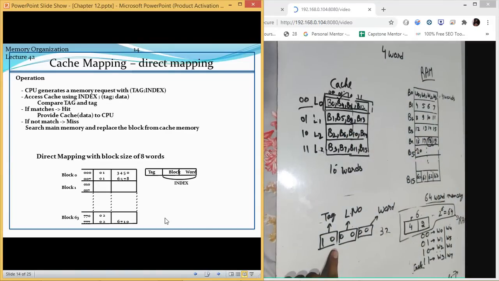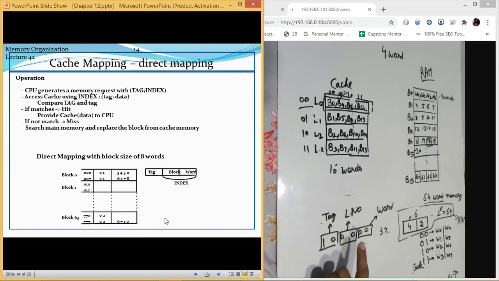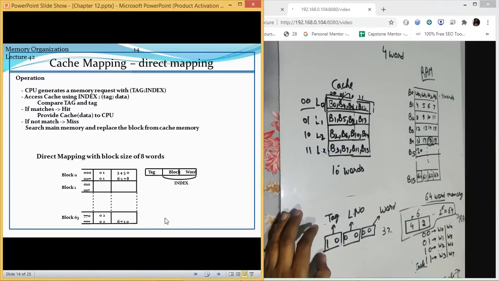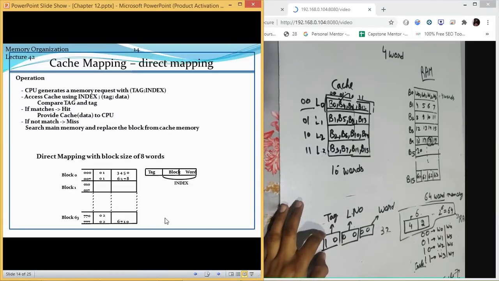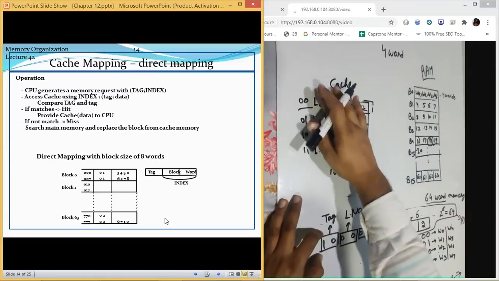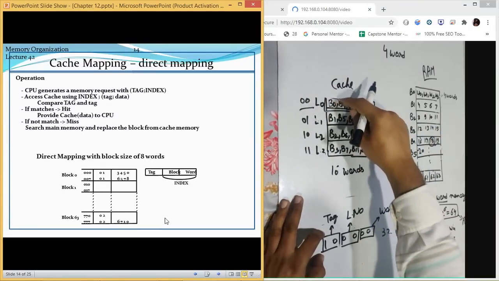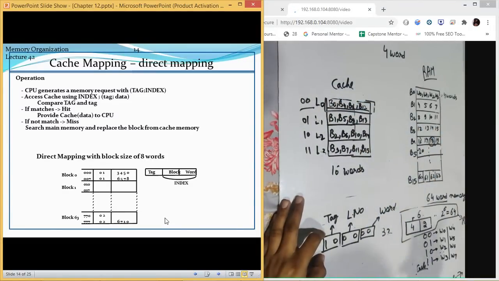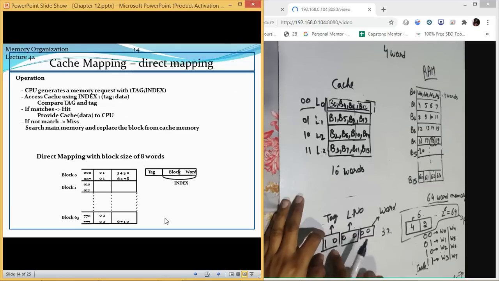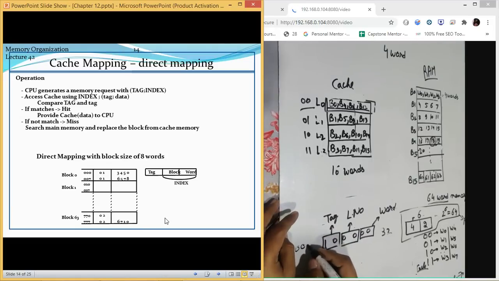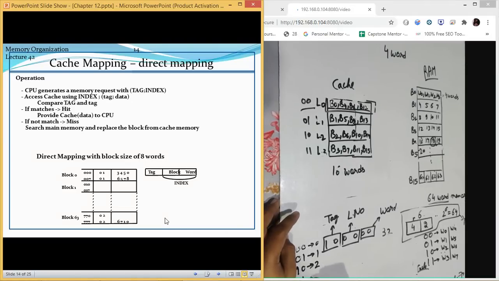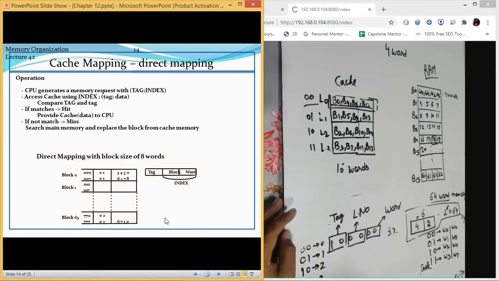So let us see this. We have a tag, line number, and word. Let us see if it is present, where we can find it. Use this tag. This tag tells you inside the total cache at which index you will find it if it is present. This index is like 00 representing index 0, 01 representing index 1, 10 representing index 2, and 11 representing index 3.